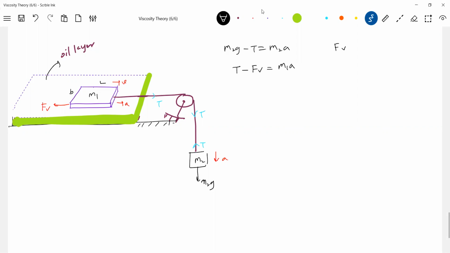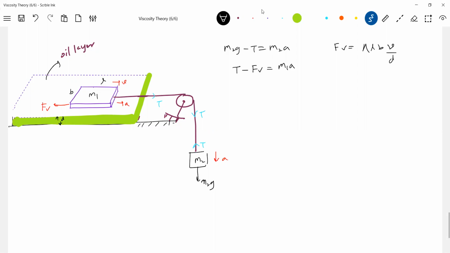So what is the viscous drag? We write eta, area is L into B, small l I'll take, velocity is V, and the thickness is D. An oil layer of thickness D is formed on the table. Then on that I'll place a block, connect it to a pulley and connect it to a block here. This is the condition.